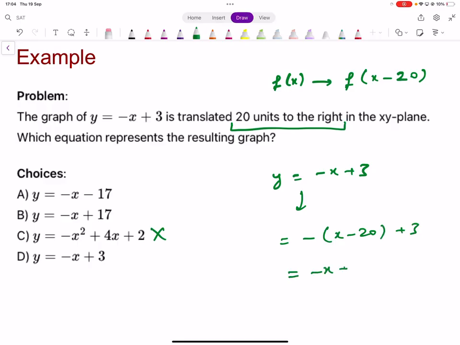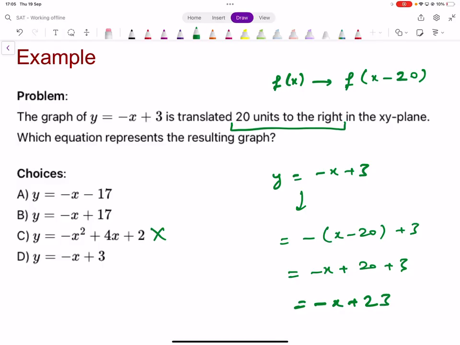And that gives you minus x plus 20 plus 3, which should be minus x plus 23.